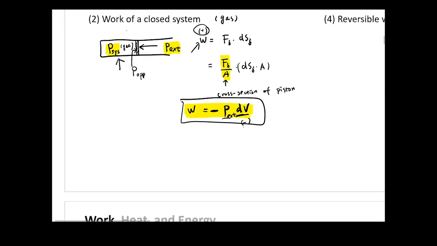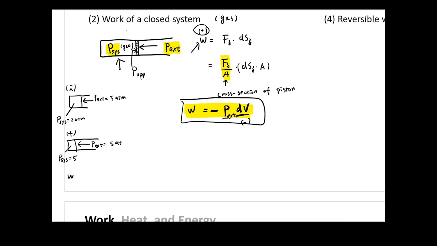So, to give you examples. Assuming your P external is 5 ATM, and initially your system P system is 2 ATM. When you reach your final state, your P system is going to equal 5, and your P external is going to equal 5 as well.